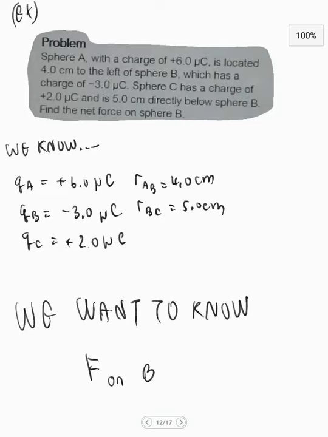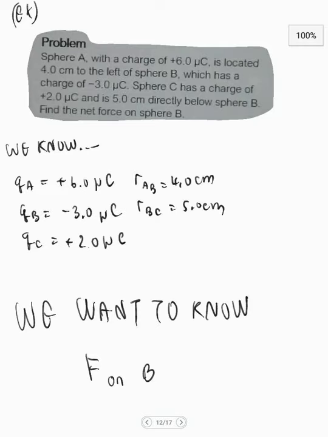The problem states that a sphere A with a charge of positive 6.0 mu Coulomb is located 4.0 cm to the left of sphere B, which has a charge of negative 3.0 mu C, and sphere C has a charge of positive 2.0 mu C and is 5.0 cm directly below sphere B. Find the net force on sphere B. Okay, so let's write it down.